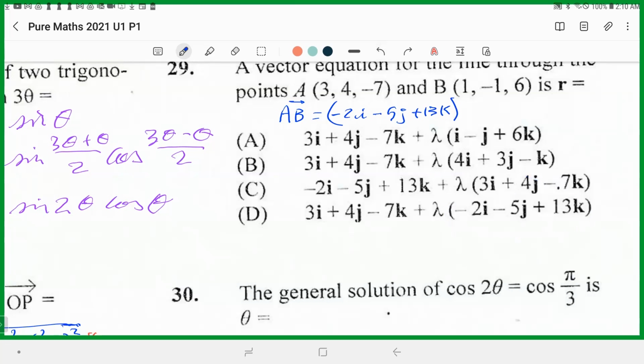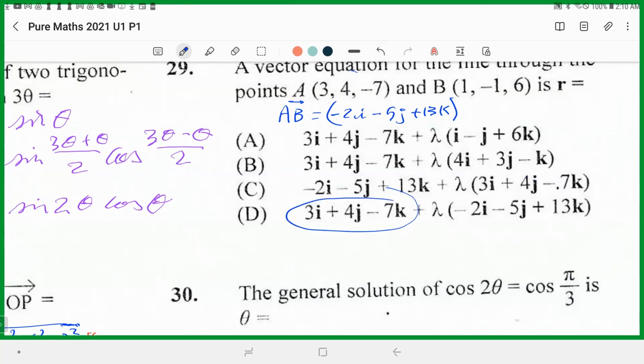All right, and then you want a point on the line. This is a point on the line right here. So this one is your A, the OA. This is the OA. The OA vector, a point on the line, plus lambda, and then this is your direction vector AB.